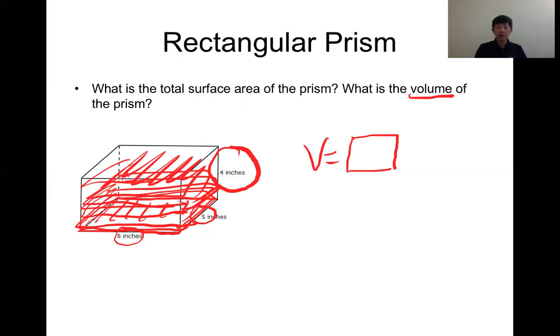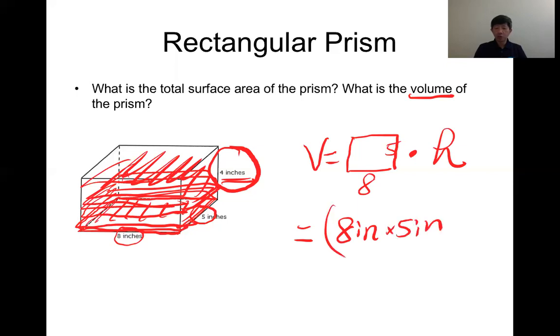So in order to find the volume, we find the area of the bottom, which is 8 by 5, right? And times what? Times the height. The height is 4, right? So therefore, 8 inch times 5 inch gives us 40 inch, because inch times inch is inches square, which is the area.